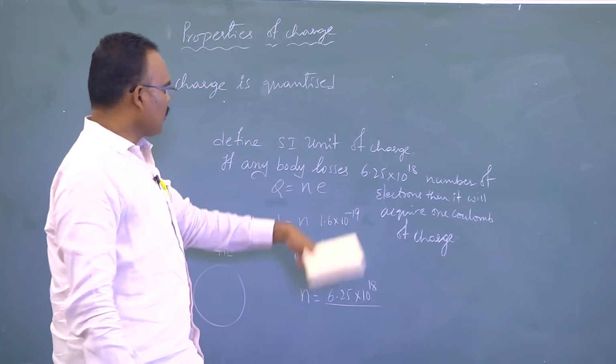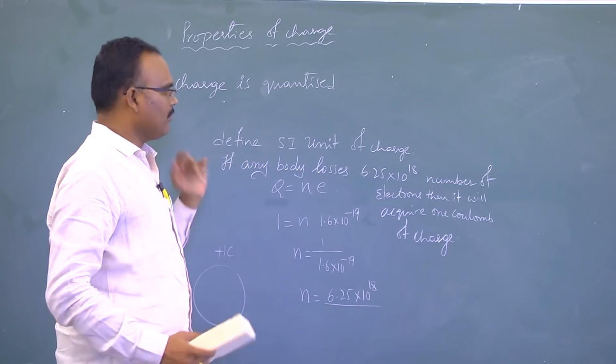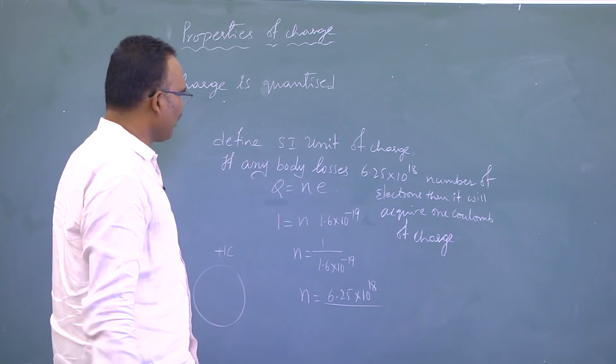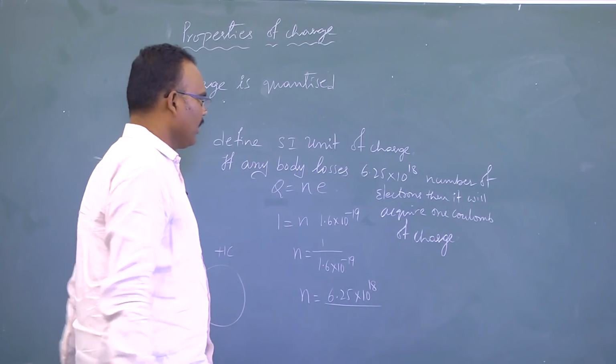So this is the definition of 1 coulomb. Otherwise, we can even define the SI unit of charge, 1 coulomb, in many ways. This is one of the ways.